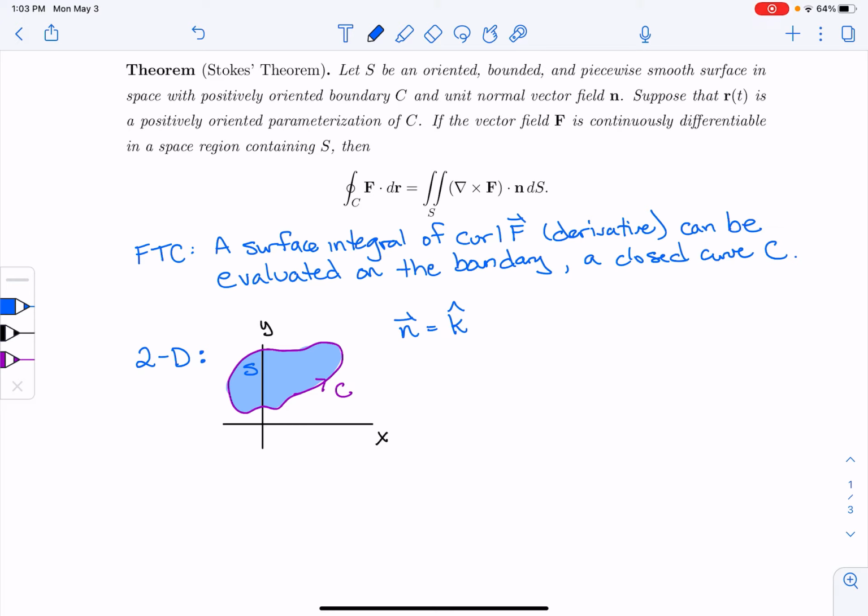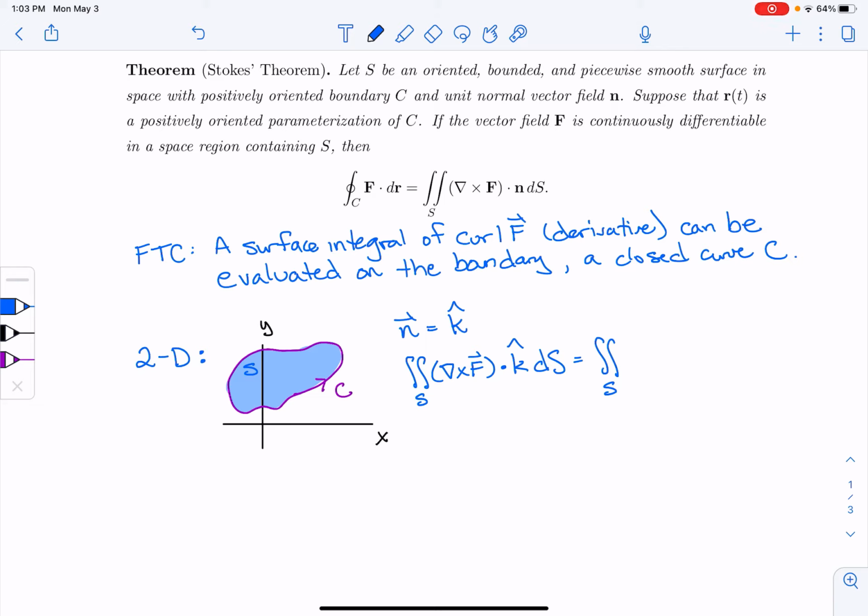Well, if I look at a double integral of the curl of F dotted with k dS, then what I'll end up doing is integrating over that area S, and when I do the dot product, I'm going to consider just the third component of the curl.